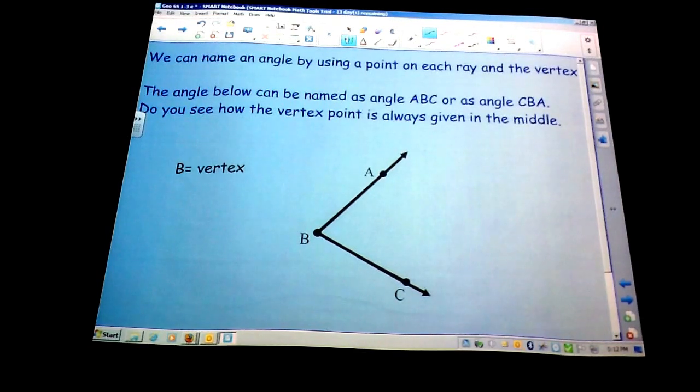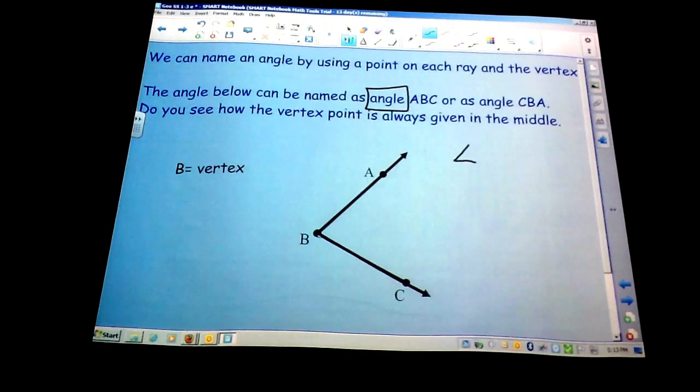Okay, so you can read the page in the background here. But to name this angle, I'm going to put an angle symbol. Now the notes has the word angle in it. This would be the angle symbol. And then I could go A, B, C.